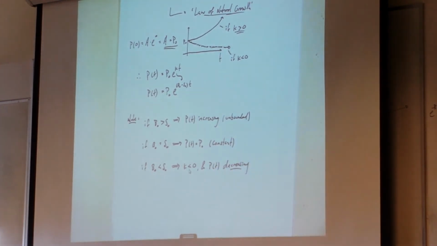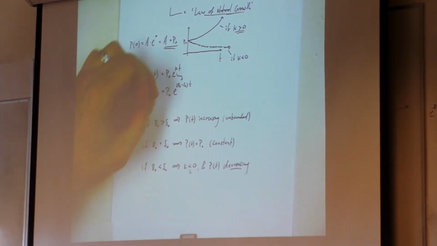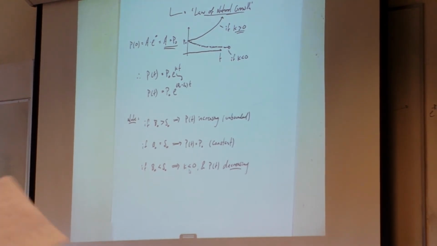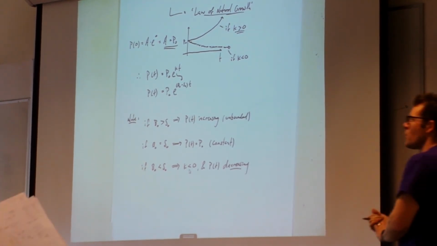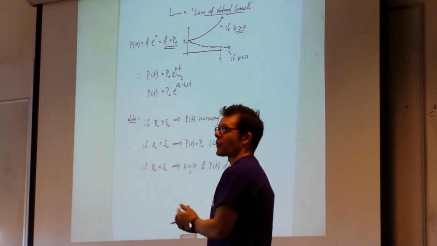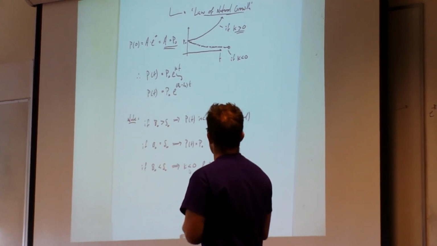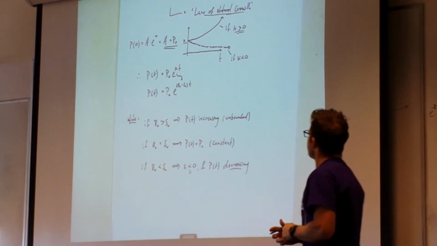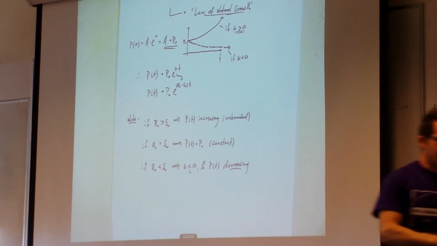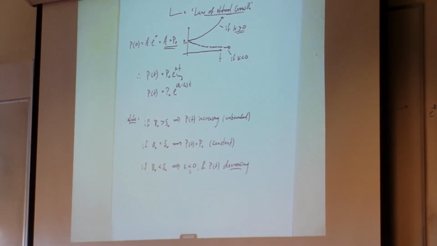All right, so next time we're going to do a little bit more and not assume anything about that birth rate and death rate, and we're going to look at how it results in a specific equation called the logistic equation. So, next time, I'll write it down.